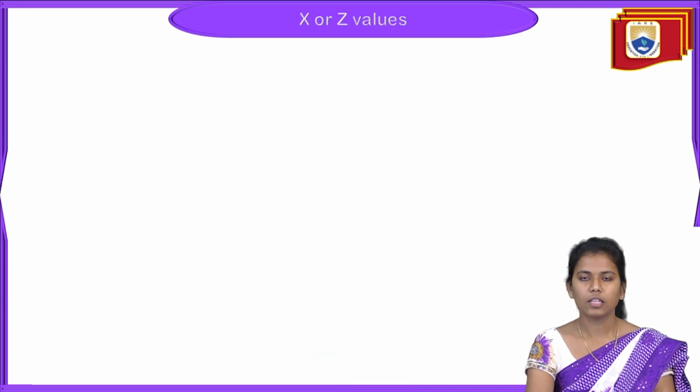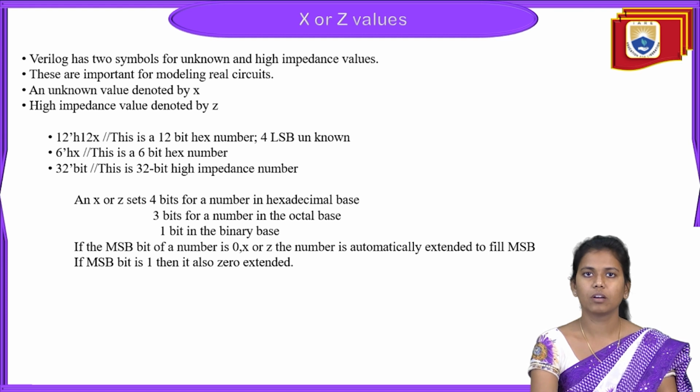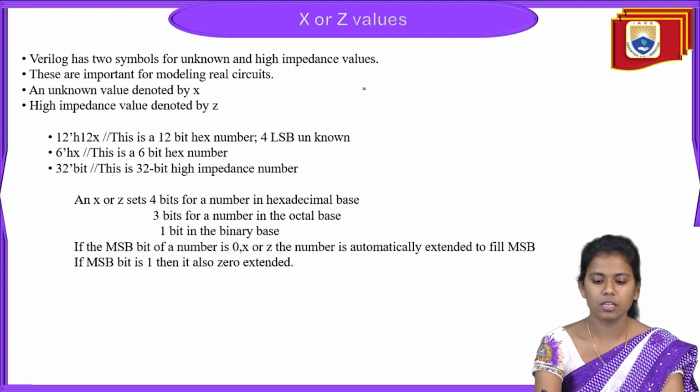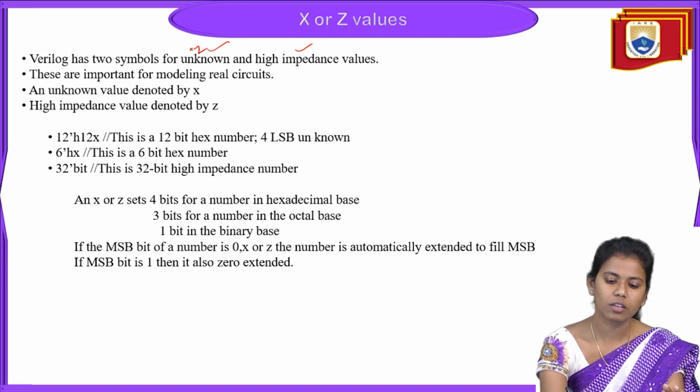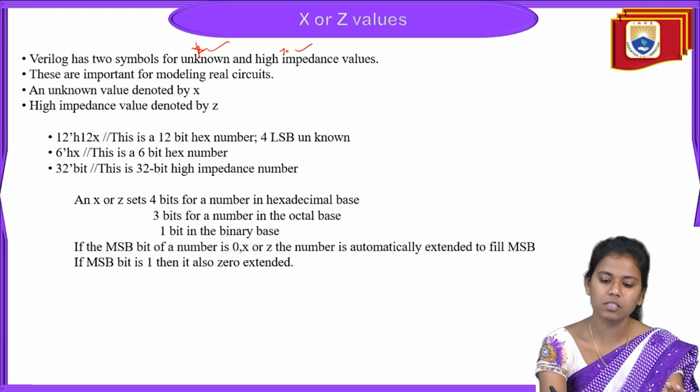Coming to the next lexical token, X or Z values. What are these X or Z values? Verilog has two symbols for unknown and high impedance values. So in a Verilog program, there are two symbols used for the unknown value, X, and the high impedance value, Z. These are important for modeling real circuits.